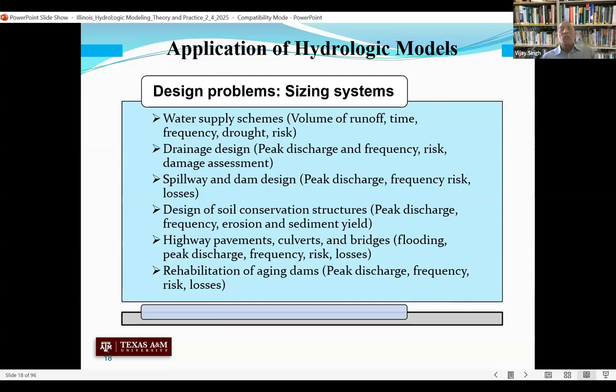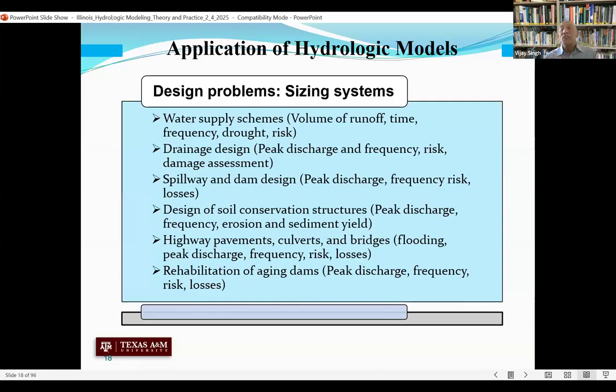So where do we use all this? Actually, there are two types of hydrologic applications that one can categorize. First, the design problem. Design means we size the system. For example, we size a water supply scheme where we need to compute the volume, time, runoff, and the frequency for drought, for risk assessment.